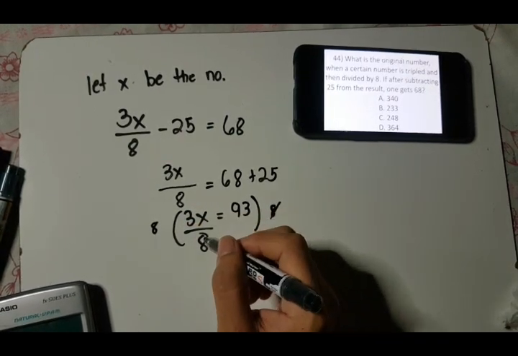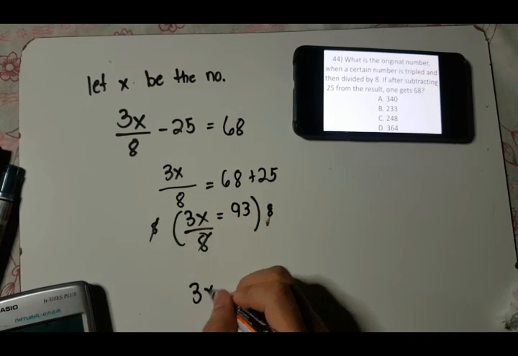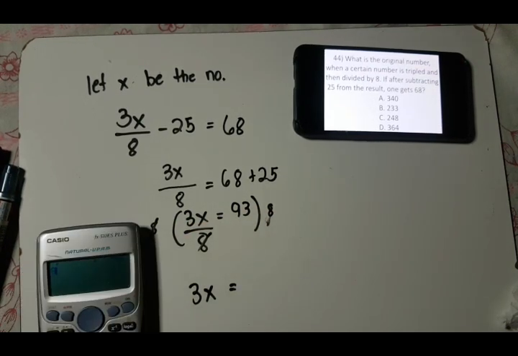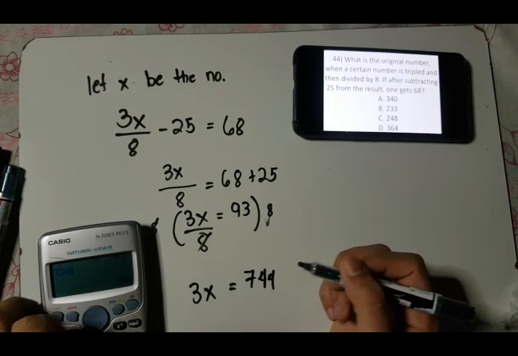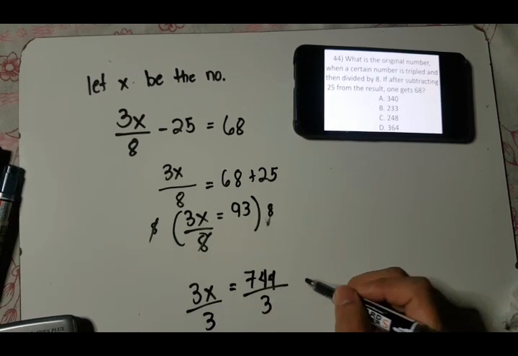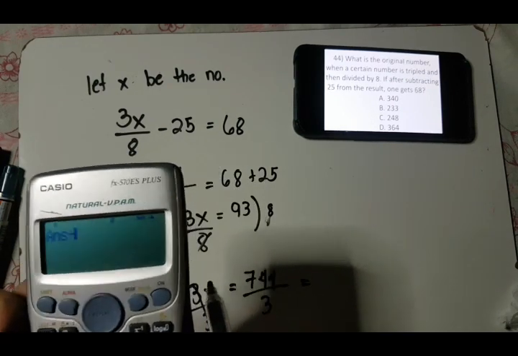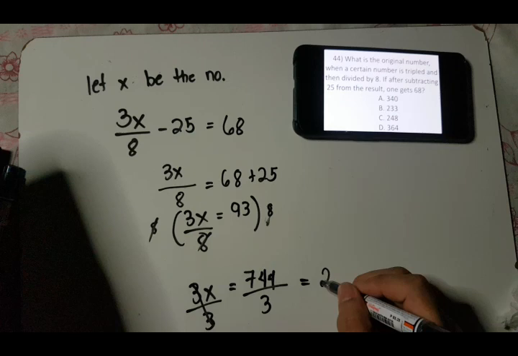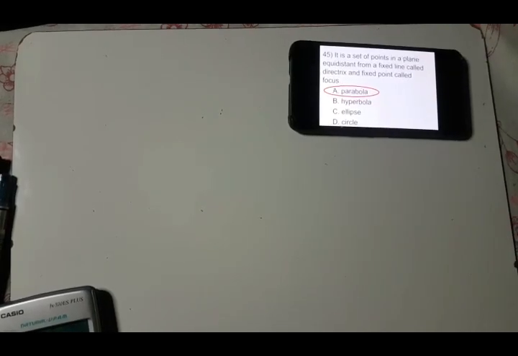So, this is cancelled. This is cancelled. So, 3x is equal to 93 times 8, 744. Divide both sides si 3. So, 744 divided by 3, that is 248. So, letter C. Ay, napakita na yung sagot.